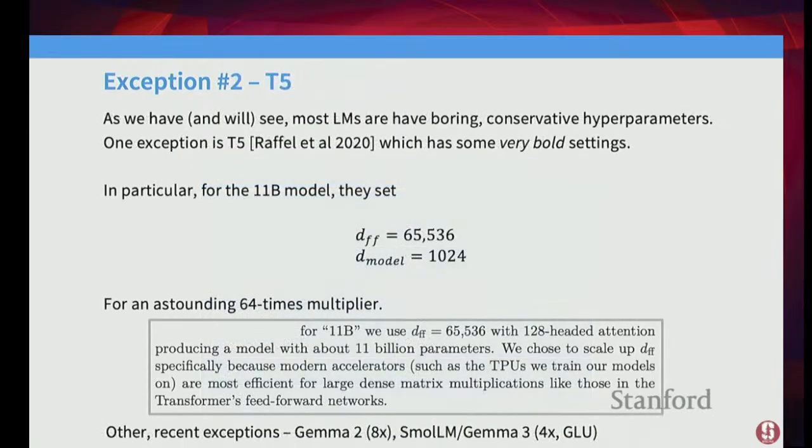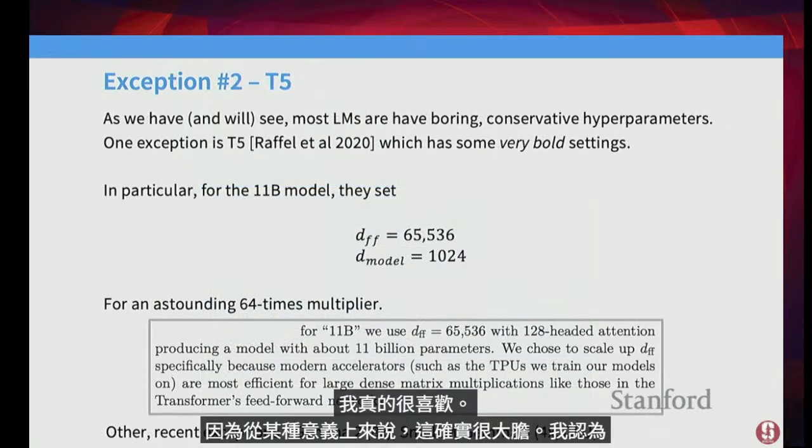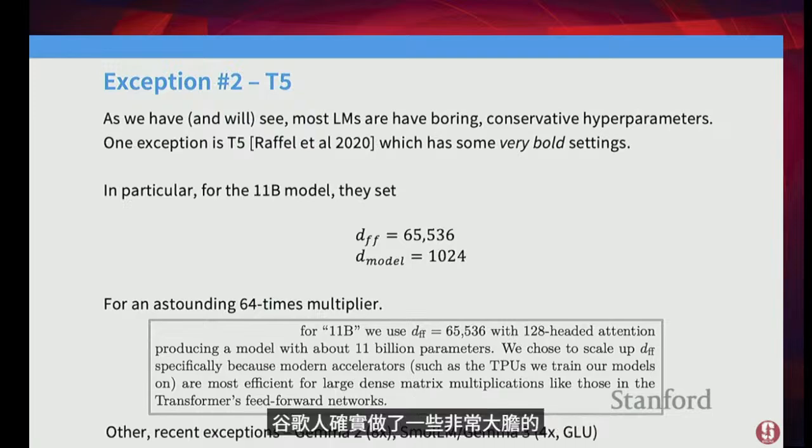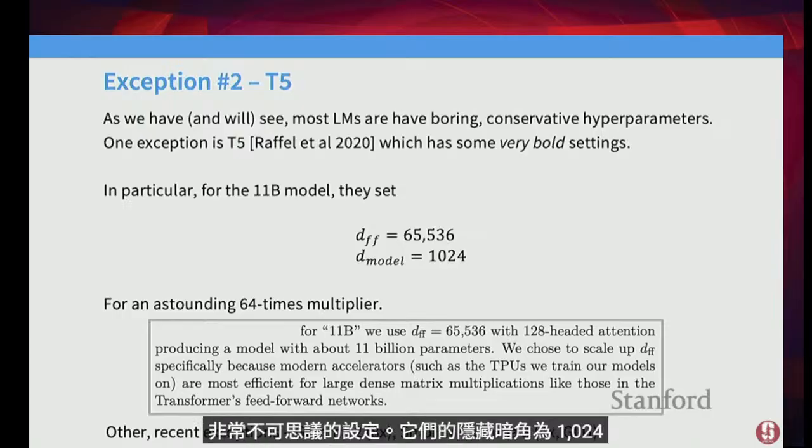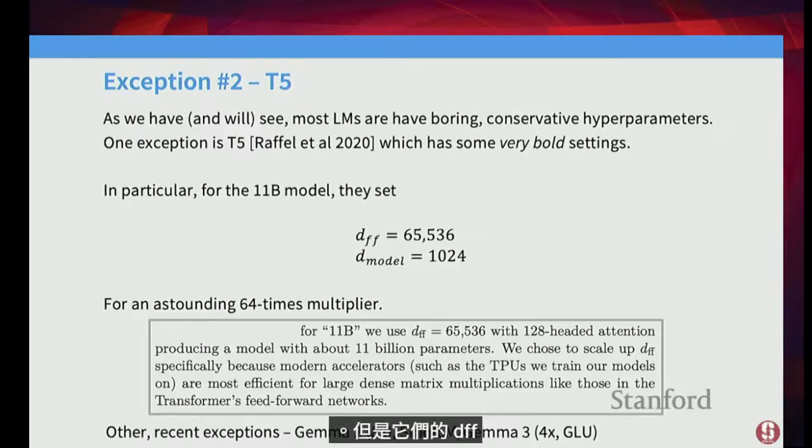I'll go through one other exception. I really like this exception because in many ways, large language model training is a game of copying hyperparameters from other people, and so we don't learn very much, right? It's very conservative. But T5, I really like, because in some sense it's really bold. And I think Google people actually do some pretty bold stuff.